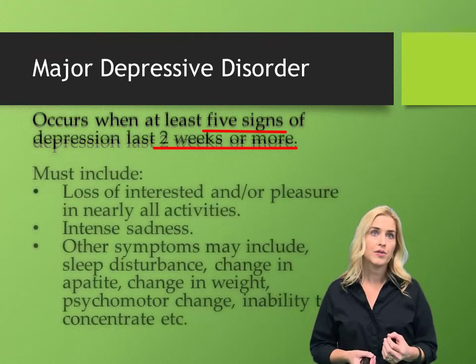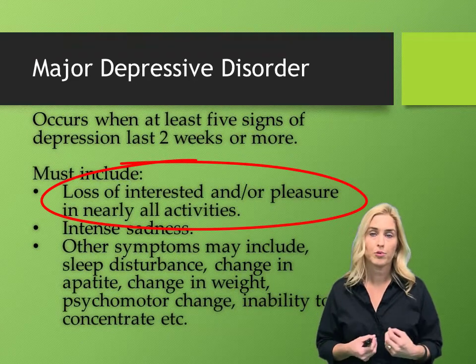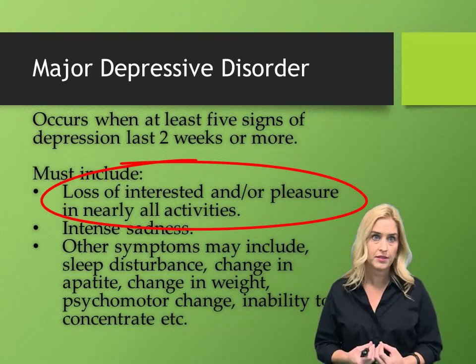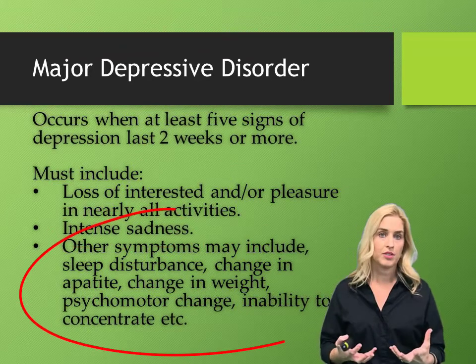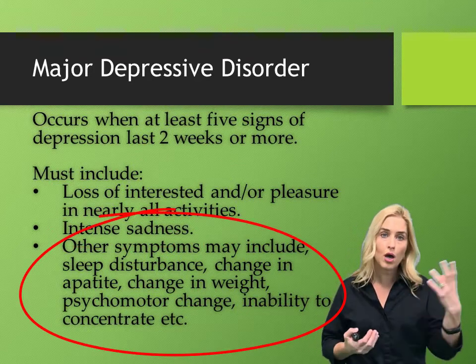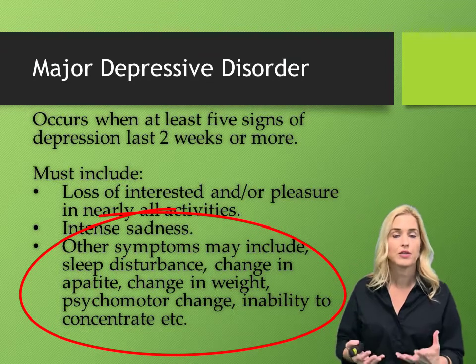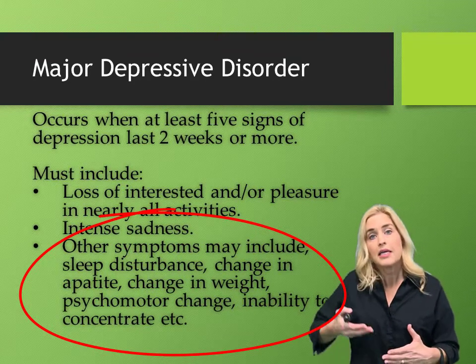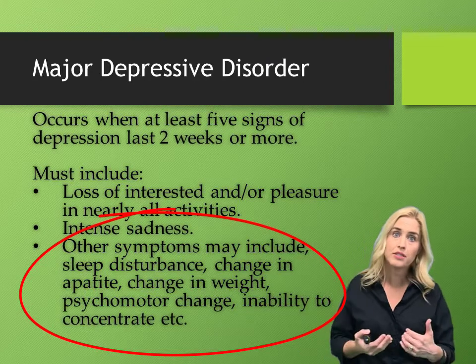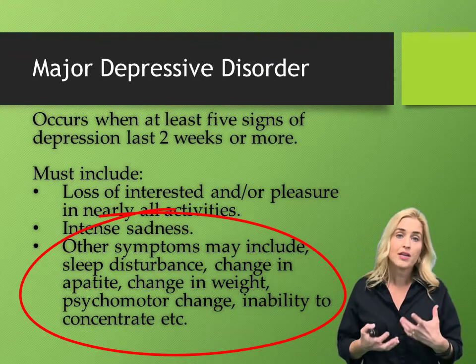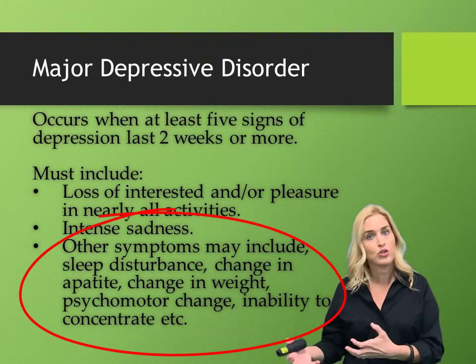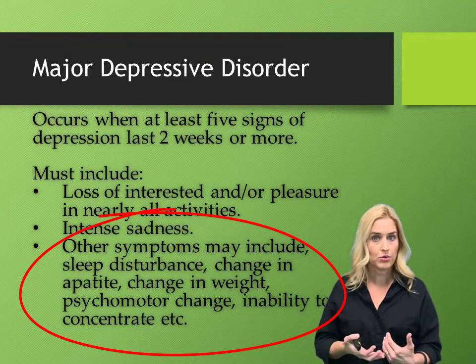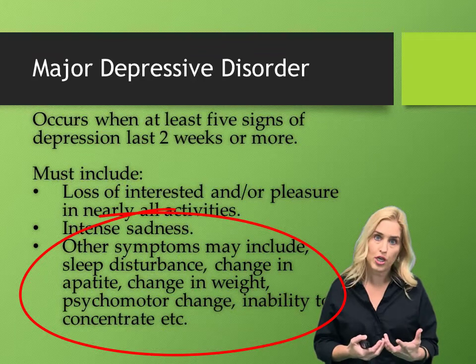It must include things like loss of interest and/or pleasure in nearly all activities, intense sadness, and some of the other symptoms that go along with those first 2 might include sleep disturbances, increase or decrease of need for sleep, change in appetite, eating more or eating less. That often goes along with change in weight, increase or decrease of weight, psychomotor changes.